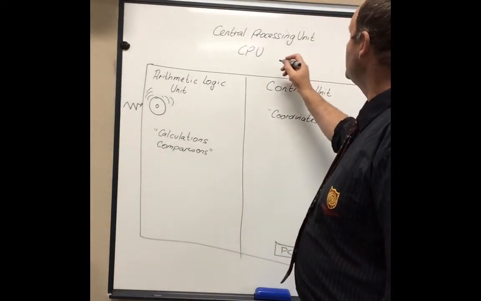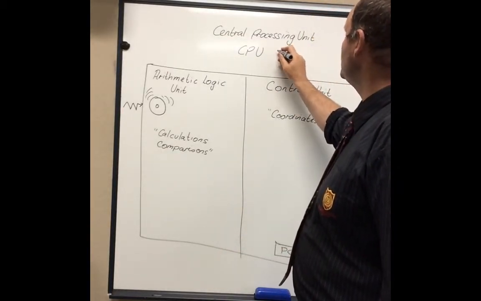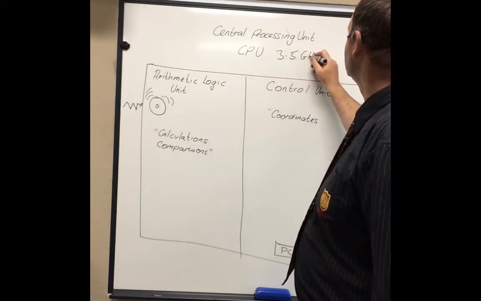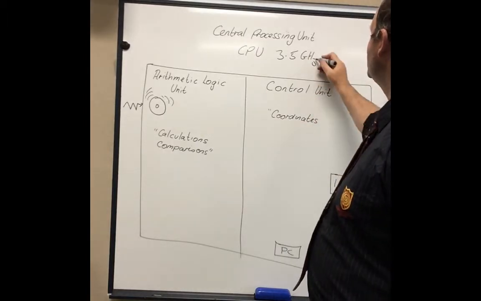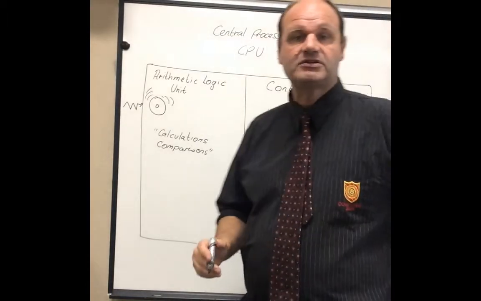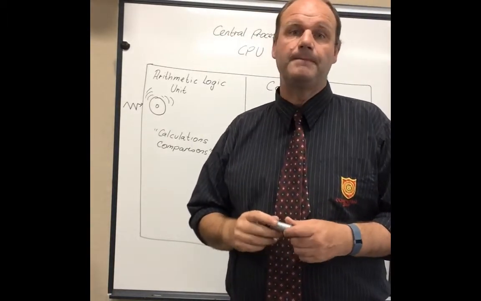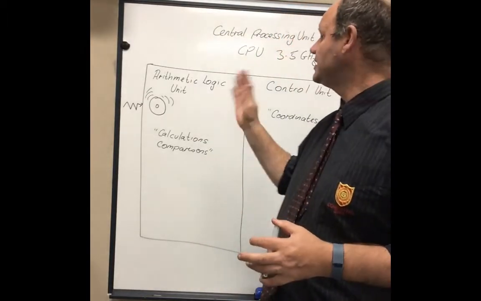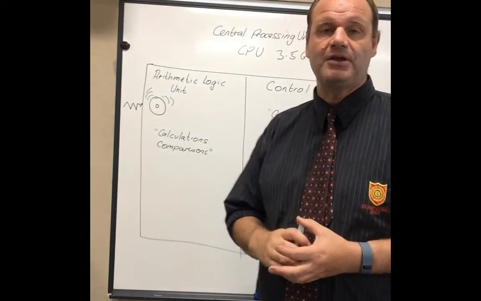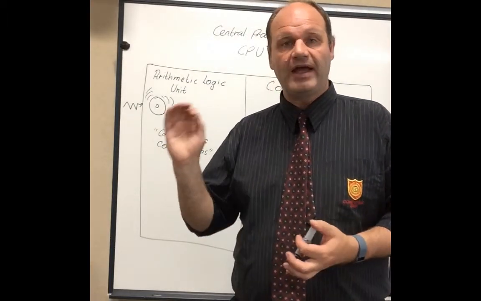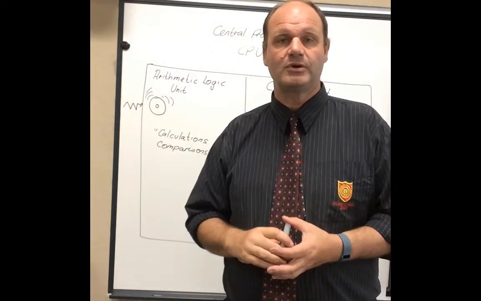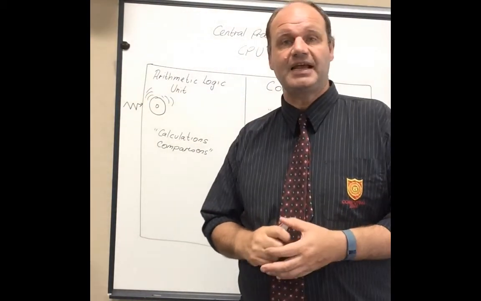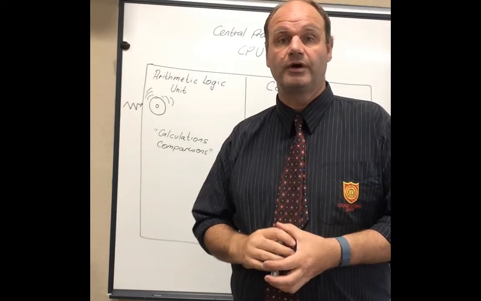So, for example, we could have a CPU of 3.5 gigahertz, which would mean that there are essentially 3.5 billion pulses of electricity going into that CPU every second. For every pulse, the CPU is doing some work. So at 3.5 billion pulses a second, it's doing a lot of work.